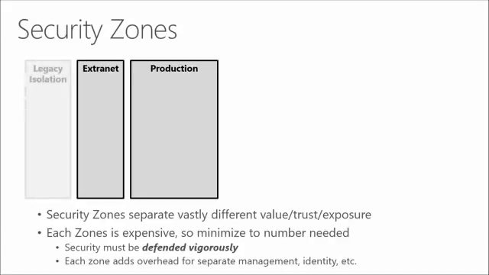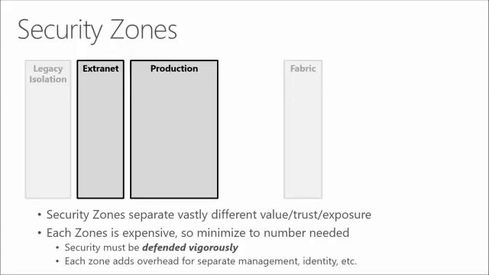A legacy isolation zone, if you have, say, some Windows 2003 computers that you're not able to apply security updates to anymore because they're not available, and you have applications that maybe run on a physical machine, or some application that you cannot shut down at this particular point in time. You can have a legacy isolation zone.